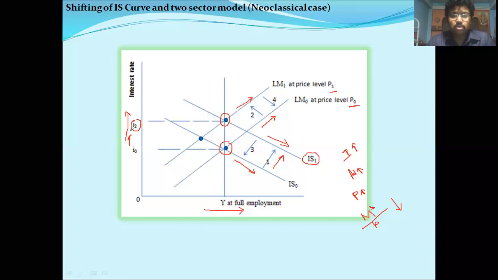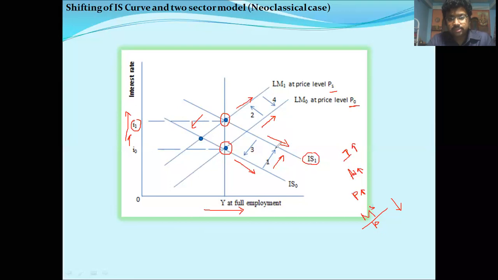Investment will fall as the interest rate is high, so there is a tendency to decrease investment. So the IS curve will shift towards the origin.